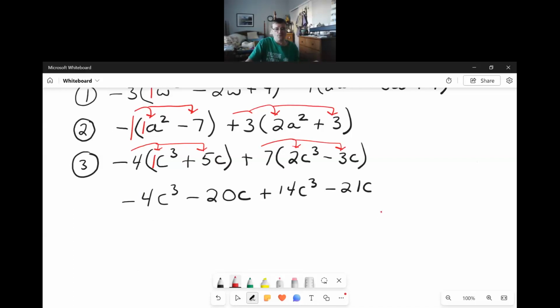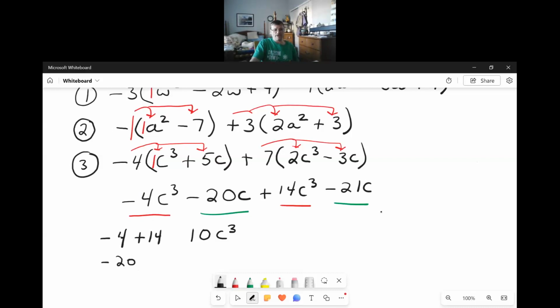Okay, distribution is taken care of here. Rule 1 and Rule 2 are next. Combine the c to the thirds, combine the c's by themselves. Negative 4 and 14, that's rule number 2. That's going to give me 14 minus 4 is 10. So you got 10c to the 3. Again, negative 4 plus 14. And then what do we got here? Negative 20 minus 21.